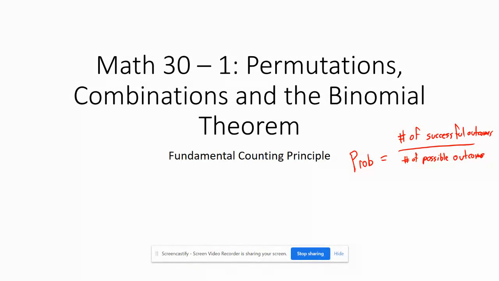Now, if you say something like, if you roll a dice, what's the probability of getting a 4? Well, that's going to be just 1 out of 6. That's pretty simple. There's one successful outcome and there's 6 possible outcomes.